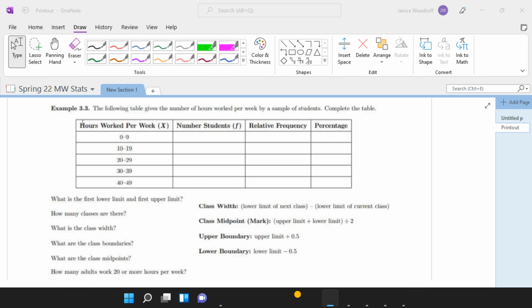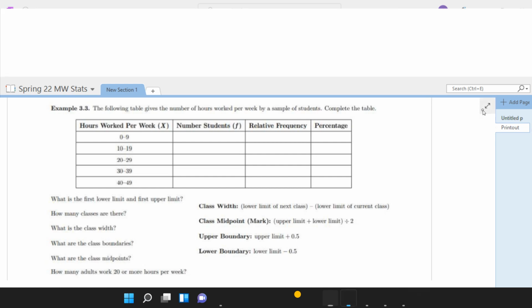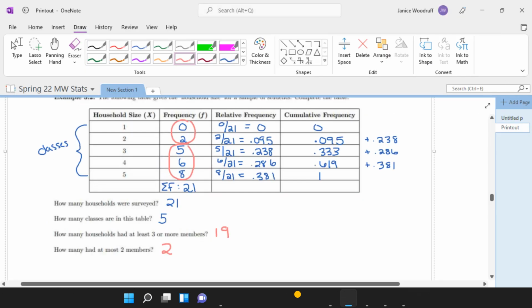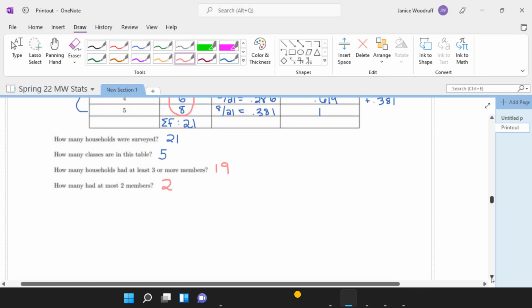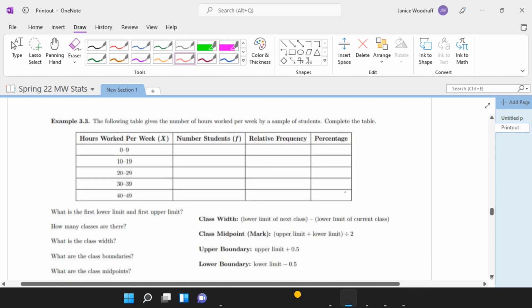This is called a grouped frequency distribution. You can see very quickly when you're looking at these frequency distributions whether they're single frequency distributions or grouped, because the grouped ones have more than one number in those classes.